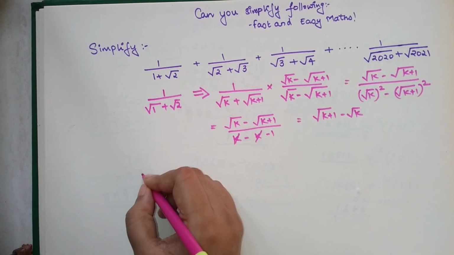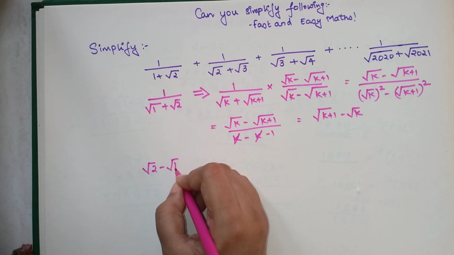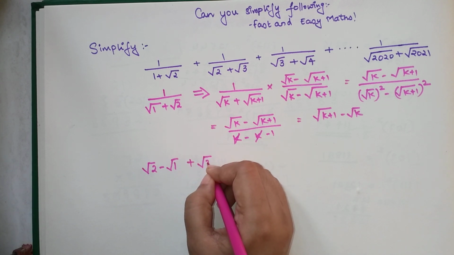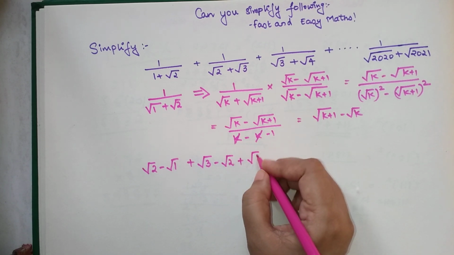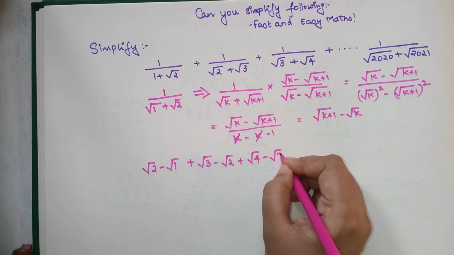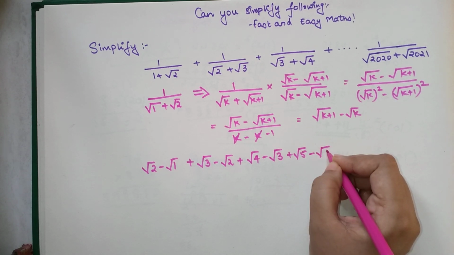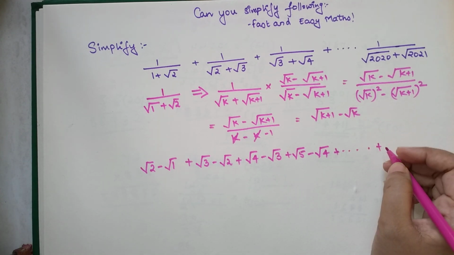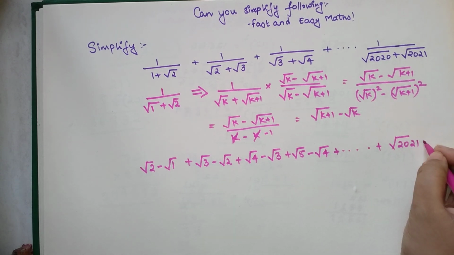So now I can write root of 2 minus root of 1 in place of the first fraction, plus root of 3 minus root of 2, plus root of 4 minus root of 3, plus root of 5 minus root of 4, which will go on up to root of 2021 minus root of 2020.